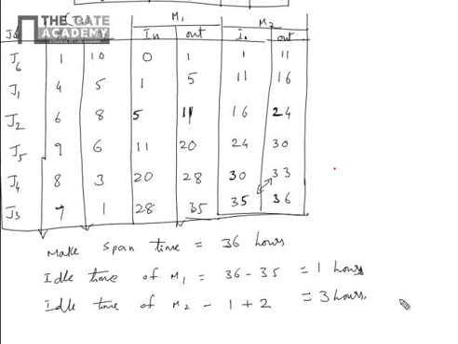Next, just now we have seen two machines, n jobs. N jobs means jobs may be more than two. Next is n jobs, n machines. What is the procedure?